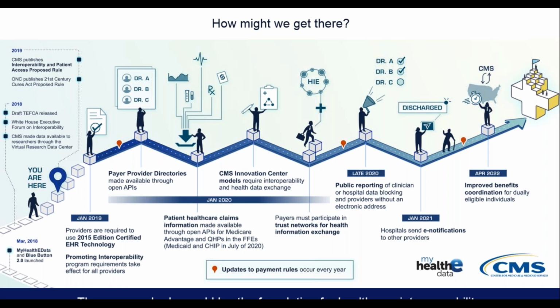So when the patient is admitted, their doctor would be made aware of that admission. When they're discharged, the doctor would be made aware, sort of as a signal of, hey, your patient was just discharged. They may need additional support. You may want to reach out. Or if they're transferred, the providers are made aware of that as well, so that no one falls through the cracks.